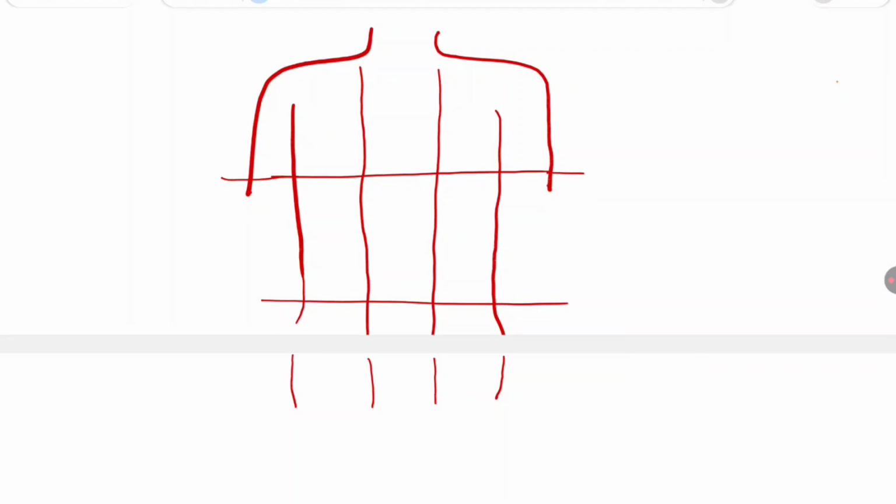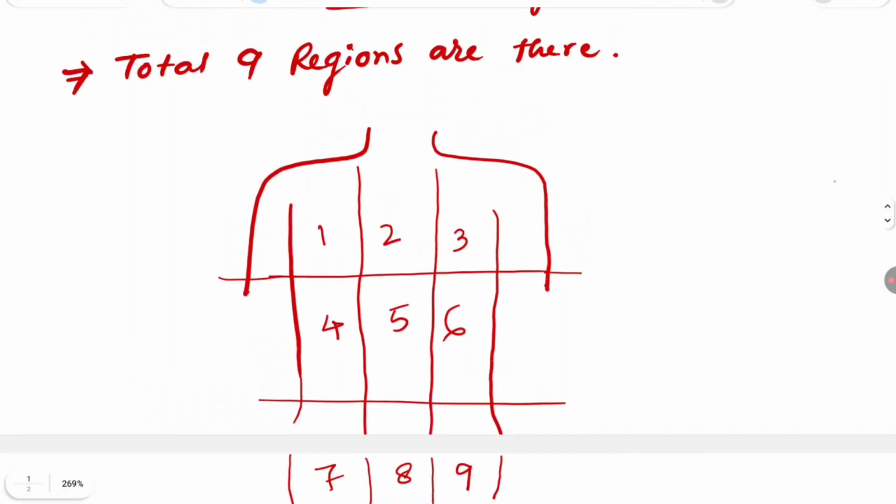Okay, so here you can see 1, 2, 3, 4, 5, 6, 7, 8, and 9. A total of 9 regions came. One by one we will discuss. This first one we are going to discuss first.